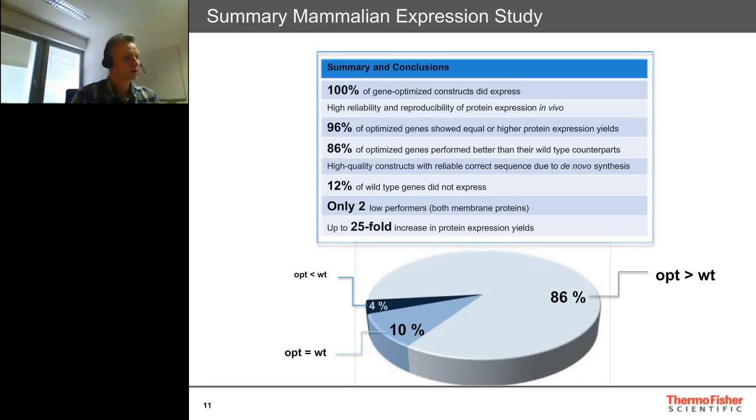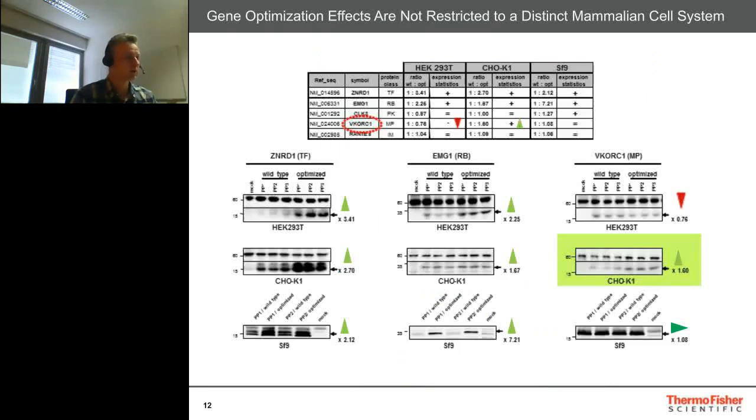And interestingly, for these two, we thought there might be a problem with the cells, and therefore we tested different cells. I mean, we basically tested CHO cells in addition. So here we have the first 3 genes depicted in this table, ZNRD1, EMG1, and VKORC1, which is a membrane protein that didn't express well in HEK 293T cells, as you can see.